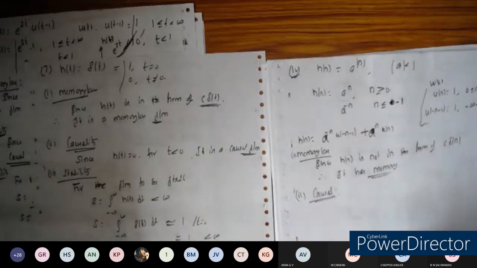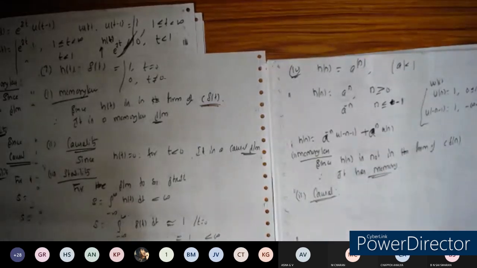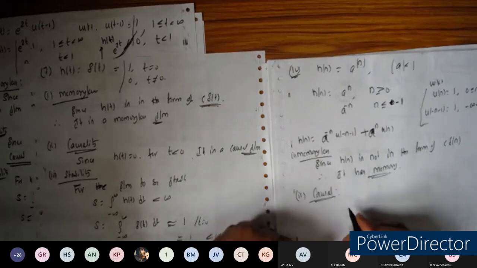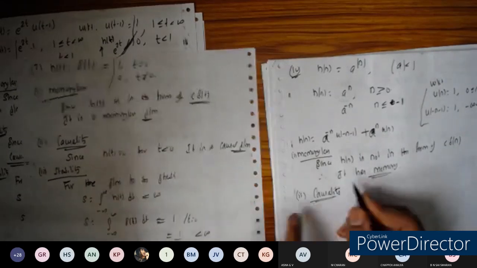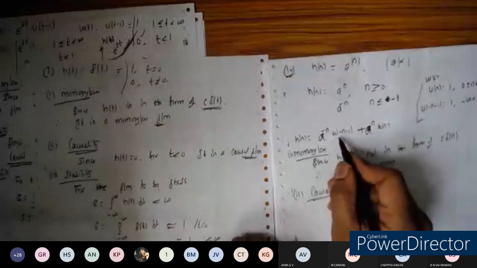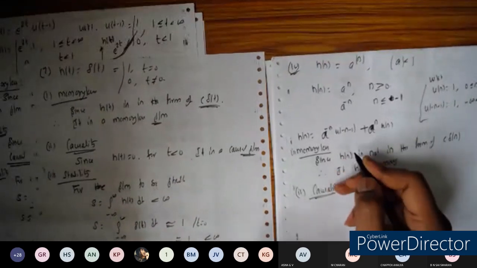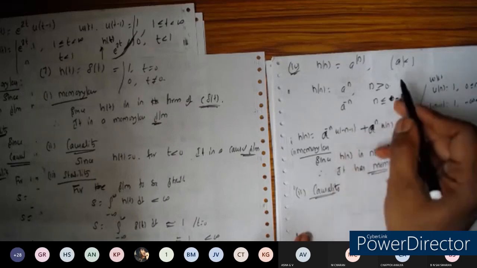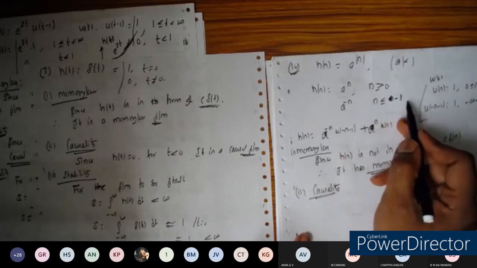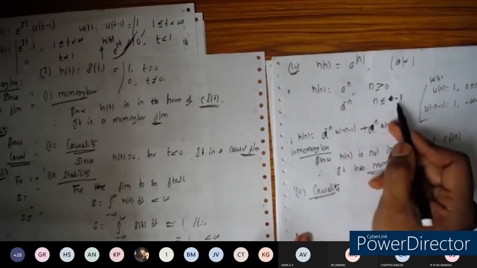Next, let us take causality. Since it is defined for n less than 0 also, you can say it's a non-causal system, because it is defined from n less than or equal to minus 1, up to minus infinity.